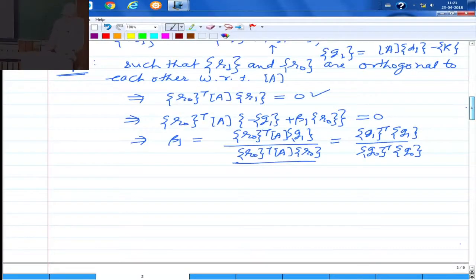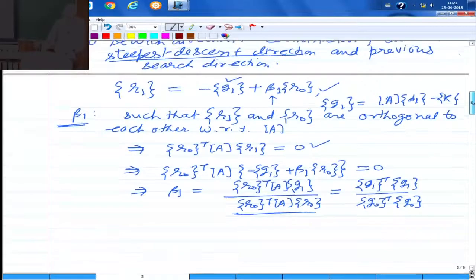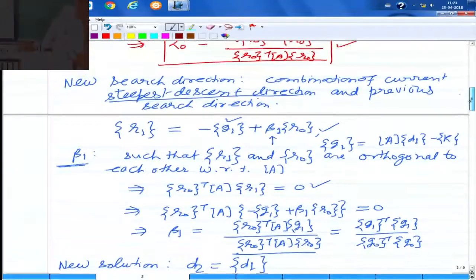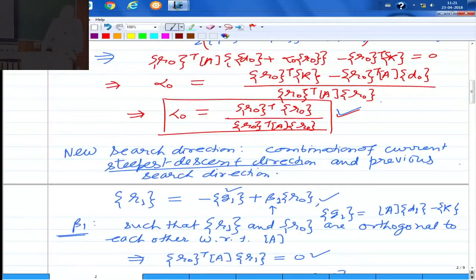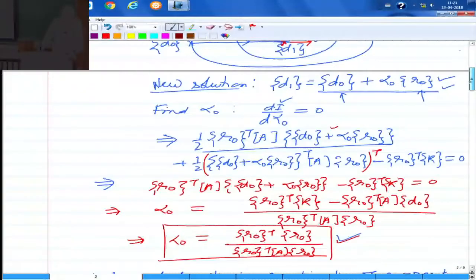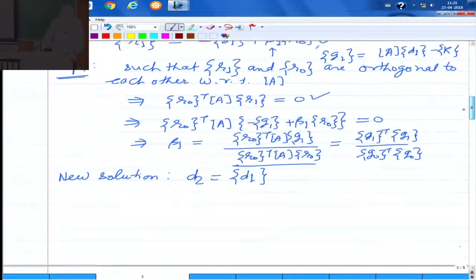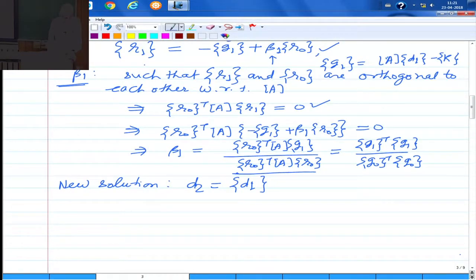Now you have to construct a new solution. Let us call the new solution D2. Then D2 is going to be D1, which you have already calculated here, because once we solve for alpha naught and put it here we get this D1, and now we want the new solution using the new search direction given by R1.